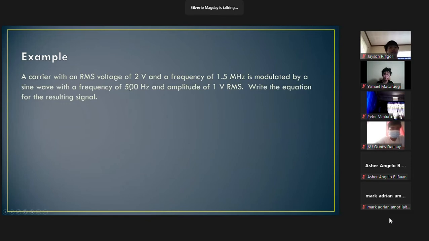So we have a carrier with 2 volts RMS, frequency of 1.5 megahertz, modulated by the modulating signal of 500 Hz and amplitude of the modulating voltage of 1 volt RMS. Write the equation for the resulting signal.